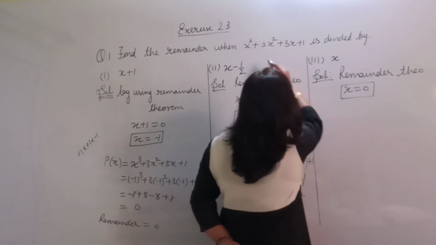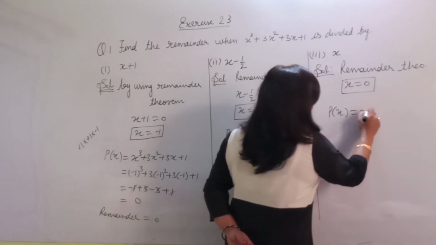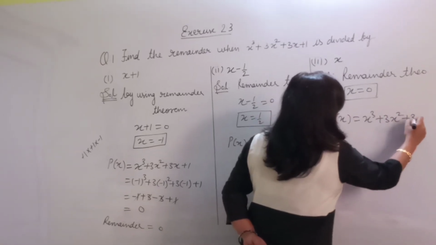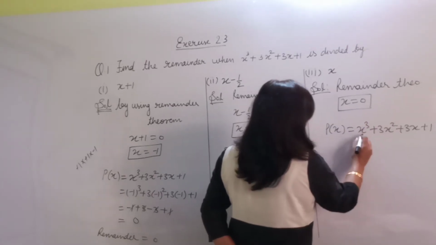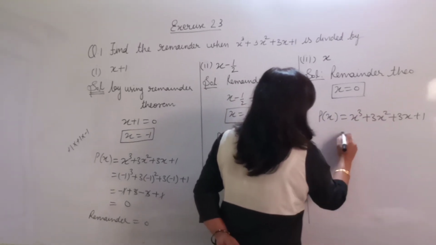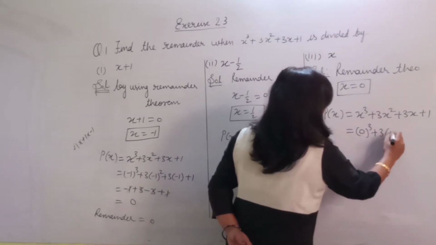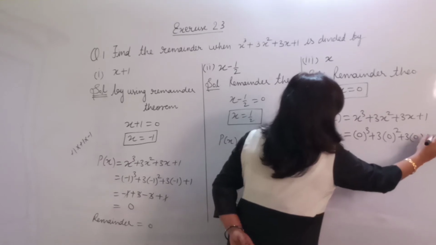Now we have the polynomial p(x) is equal to x cube plus 3x square plus 3x plus 1. Now we will put the value of x is equal to 0 in this polynomial. So here 0 cube plus 3 into 0 square plus 3 into 0 plus 1.